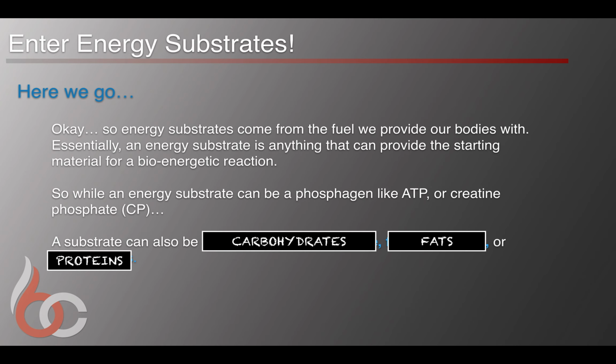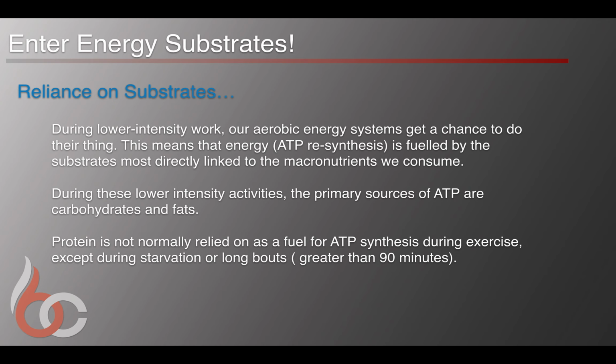But let's think about the substrates that we consume as being these: carbohydrates, fats, or proteins. Now, our body relies on substrates. During lower intensity work, our aerobic energy systems get a chance to do their thing. This means that while we are resynthesizing ATP, right, it's fueled by the substrates that are most directly linked to what we're consuming from food.